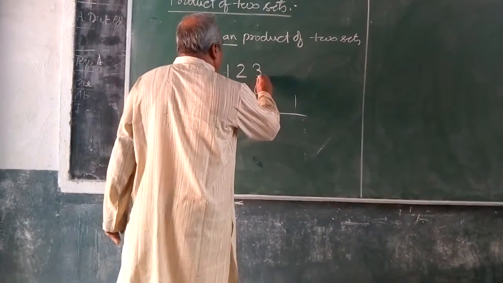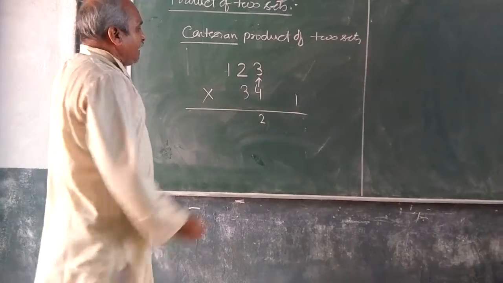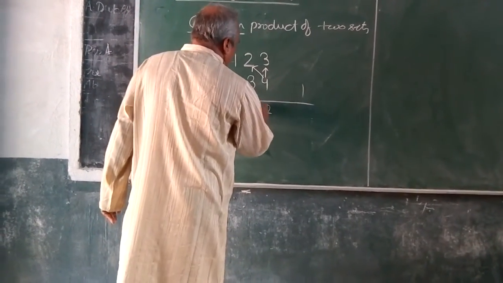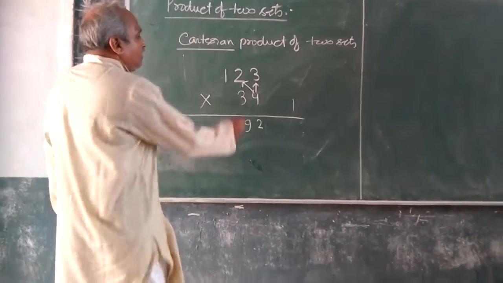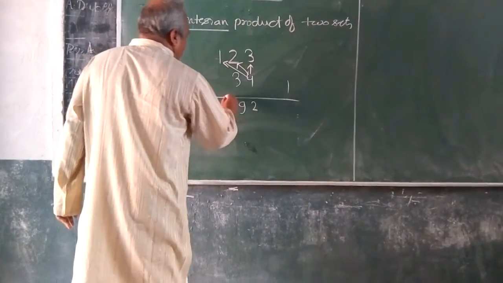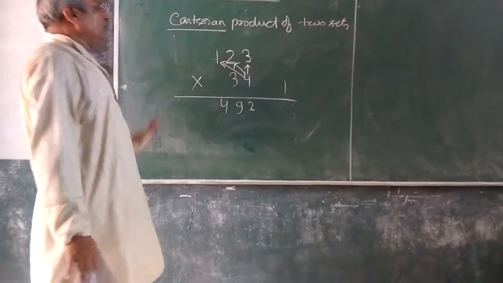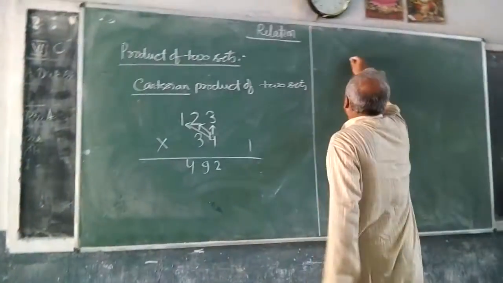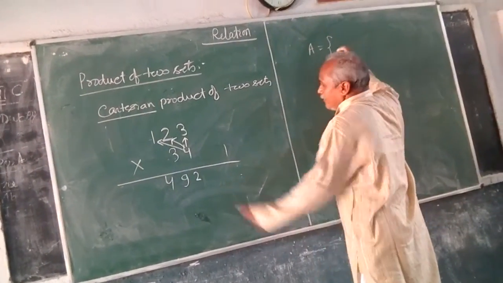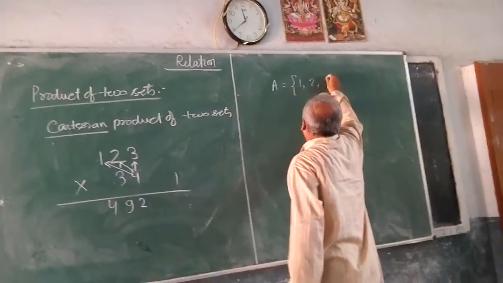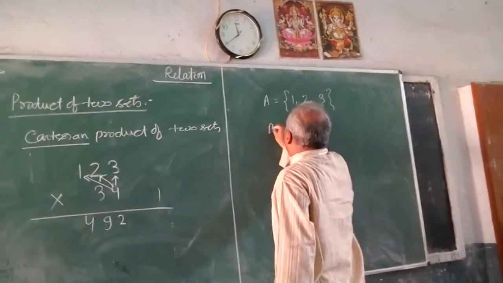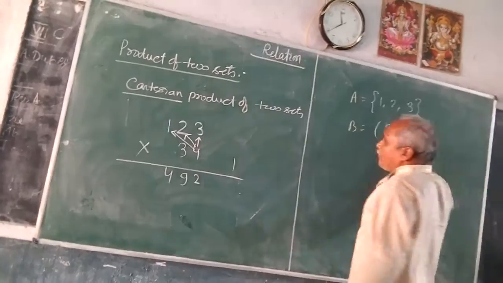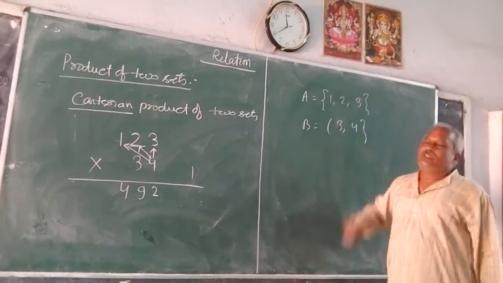Means 4 and 3 are multiplied. Then 4 is multiplied by 2. 4 2s are 8 and this one is added, 9. Then 4 1s are 4. And then 59. In this way we write it. Do the multiplication. Now suppose I write the set A equal to {1, 2, 3} and B equal to {3, 4}. Now see how that concept is used here.